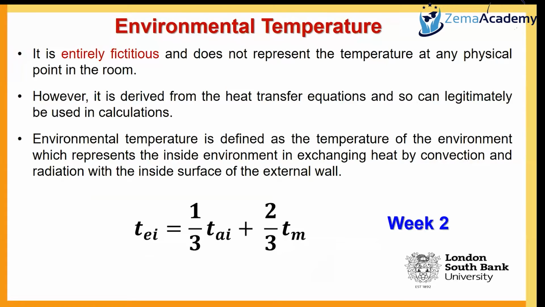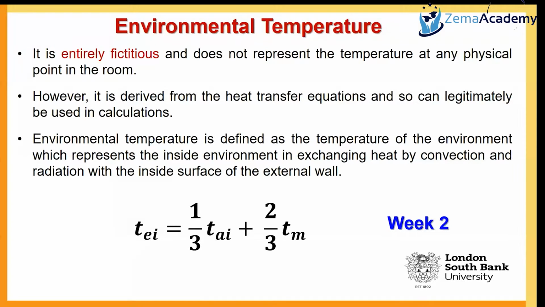When we got this temperature, we incorporated it. We ended week 2 by doing a problem using this equation, and the problem was very much similar to the one that you just did in your activity 1. A space or a room was given to you, and the areas and dimensions were given.